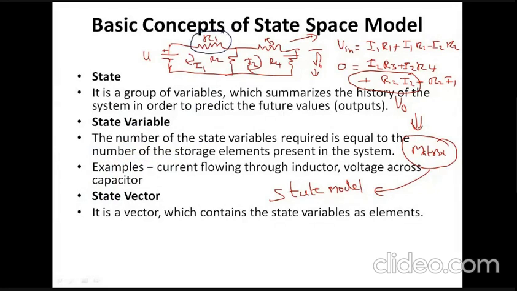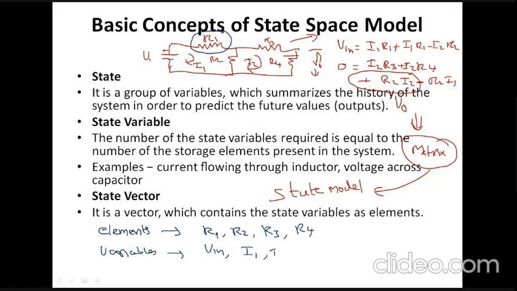The elements in the given circuit are R1, R2, R3 and R4. And the variables are Vin, the input variable, then I1 and I2, and V0, the output variable.